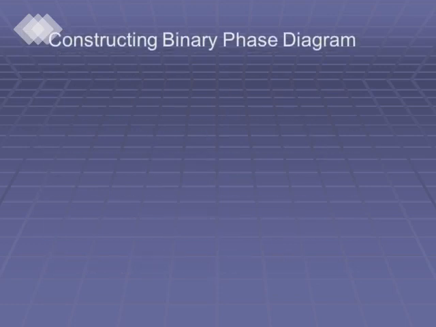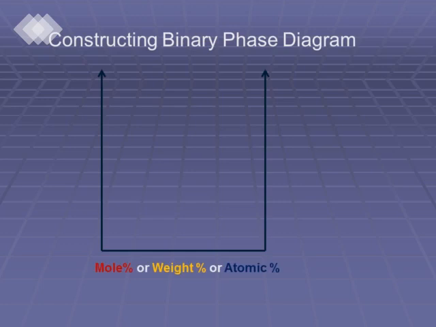A binary phase diagram is a plot of composition of the elements versus the temperature. The compositions of the elements can be in mole percent or weight percent or atomic percent.